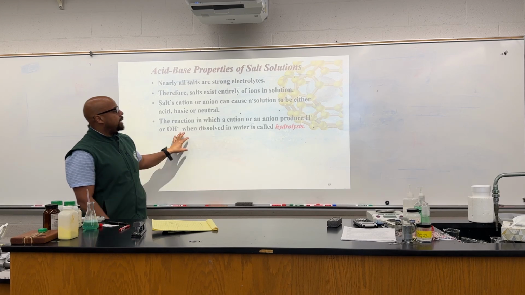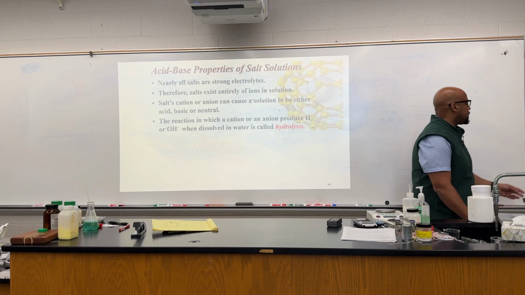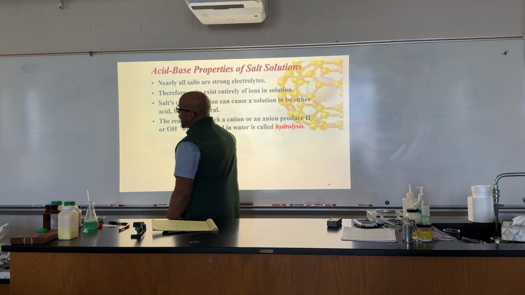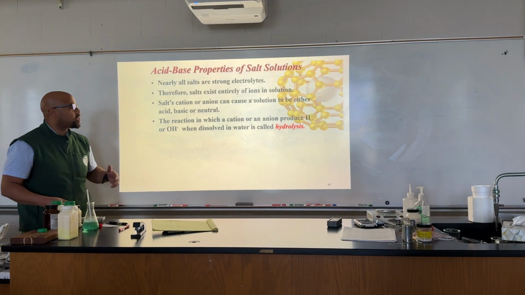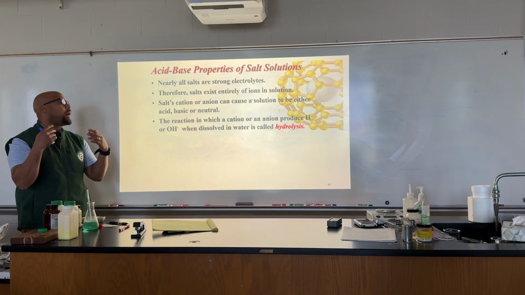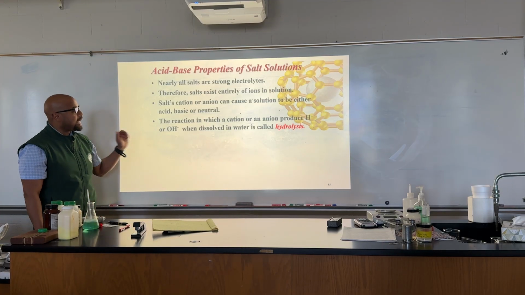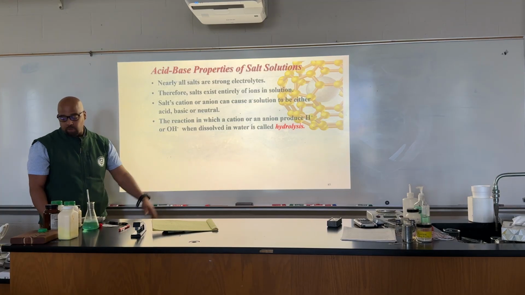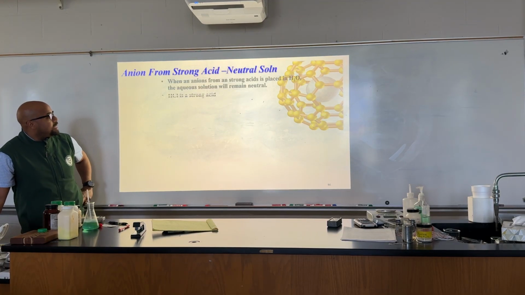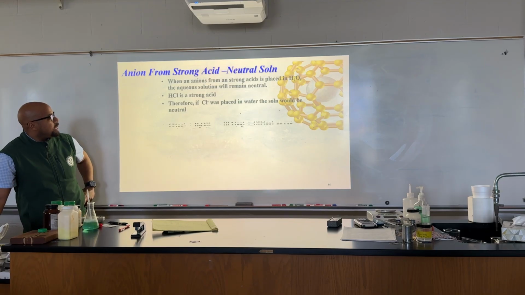If the salt produces the hydroxide or the hydronium cation, then the salt is going through a hydrolysis reaction. That's all hydrolysis means: the cation or anion has the ability to produce either the H plus or the hydroxide. So the first example that I give you here is hydrochloric acid.